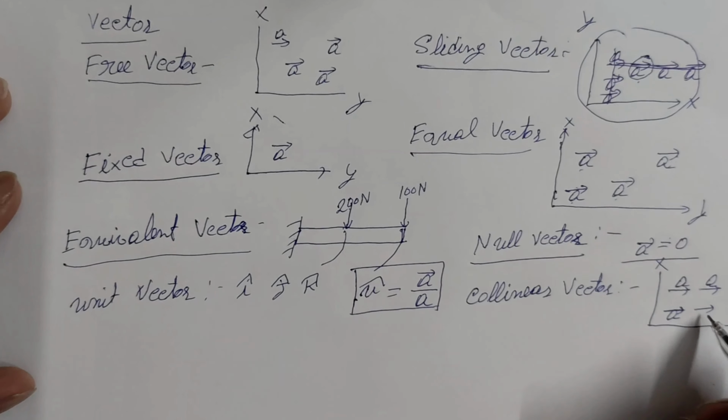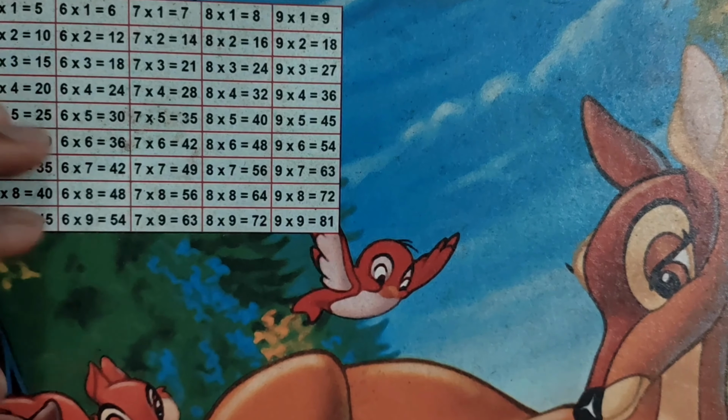Now come to the addition of vectors. If you think about the addition of vectors, we have two types of addition of vectors. One is the parallelogram law of addition, another is the triangle law of addition. Before this class we know what the parallelogram law is.